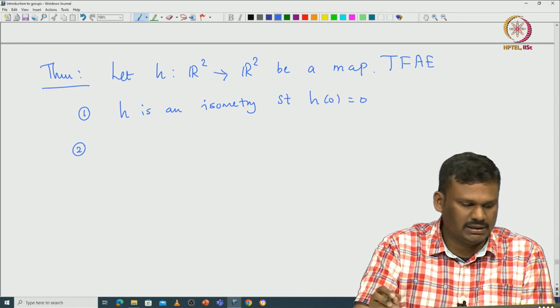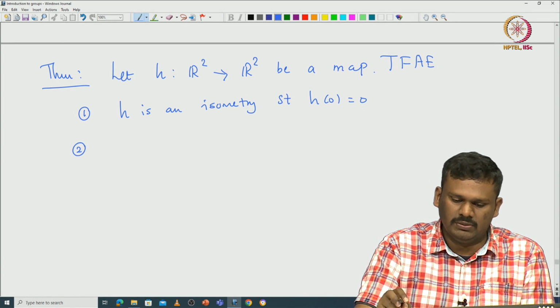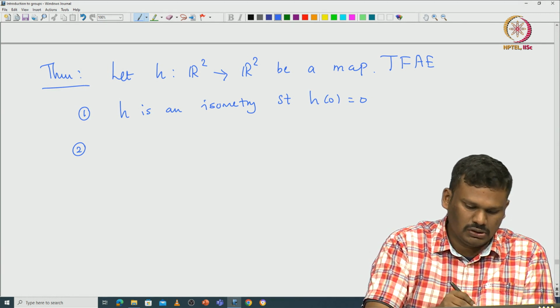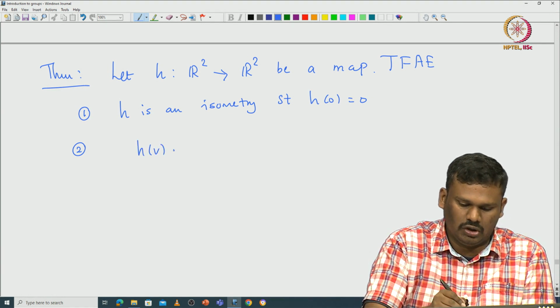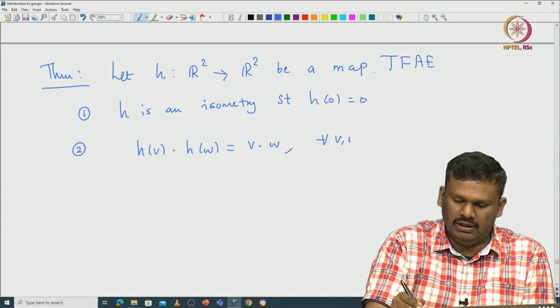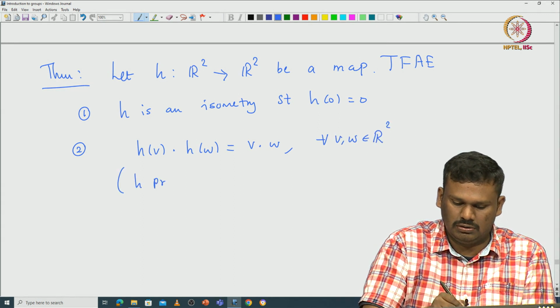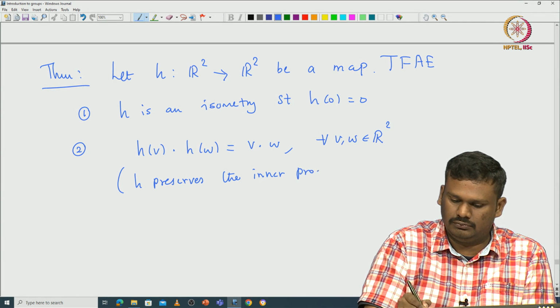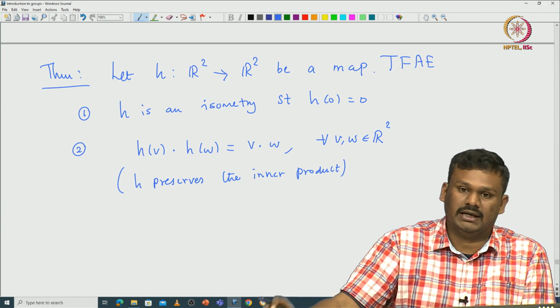The second condition: it is an isometry that preserves the inner product. So, you take H of V dot H of W, then that should be equal to V dot W for all V, W in R2. So, this means H preserves the inner product. It is a very strong condition.